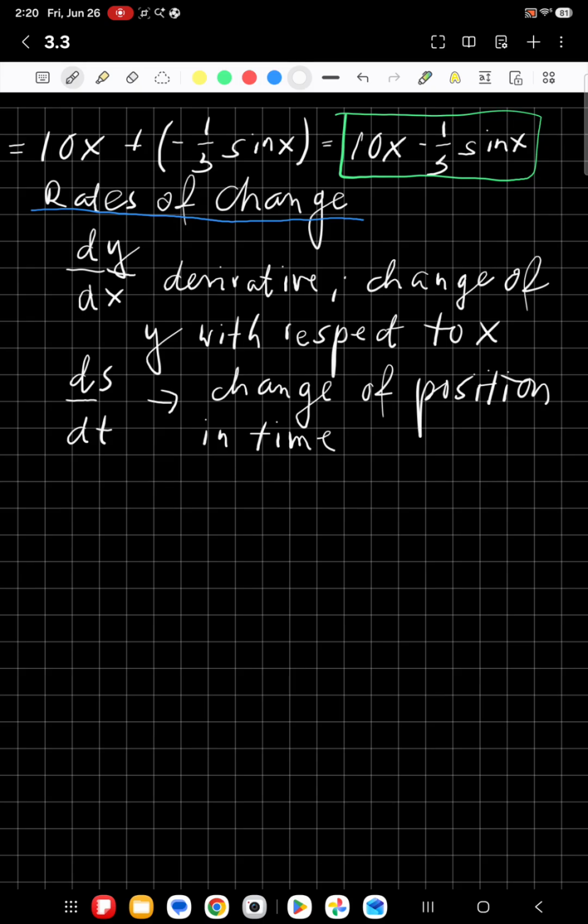And that also is velocity, instantaneous velocity. So let's write instantaneous velocity.